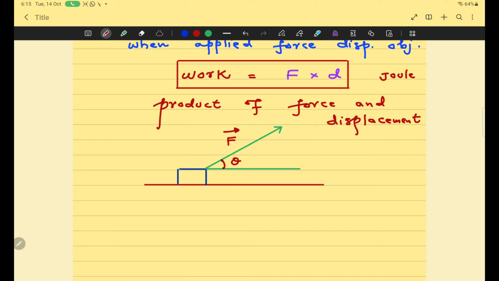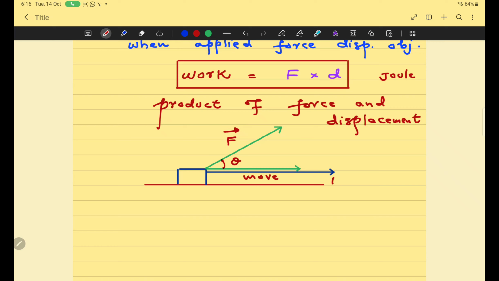When you apply this force by a string, the object will move in this direction. So the movement is parallel to the ground, but force is not parallel. Then what should I do? Sir, we have studied resolution of forces, resolution of vector. So you should resolve this force into its two components.